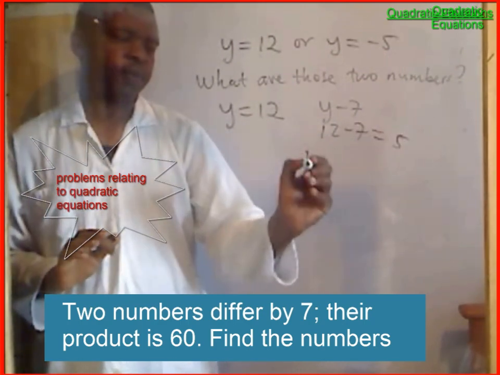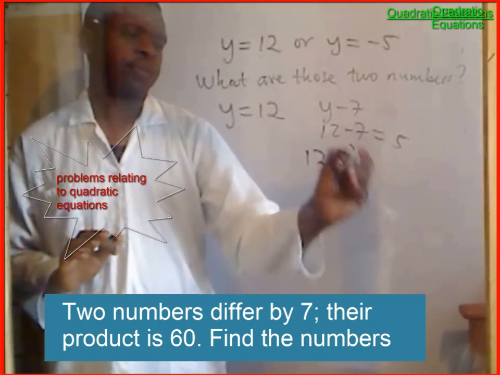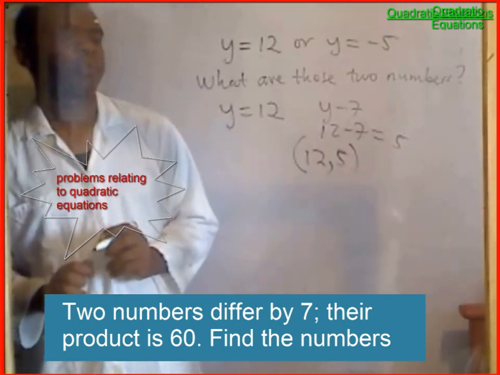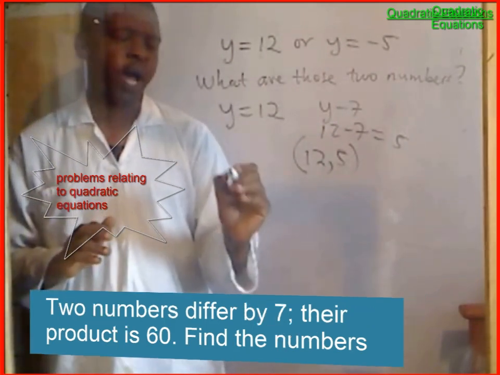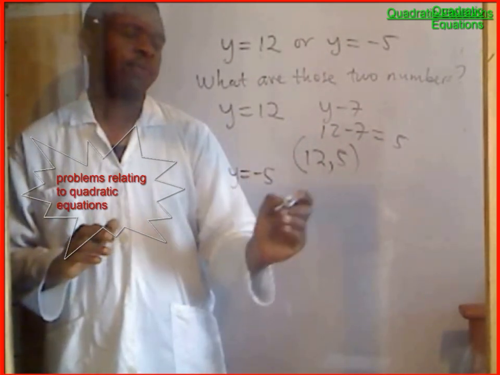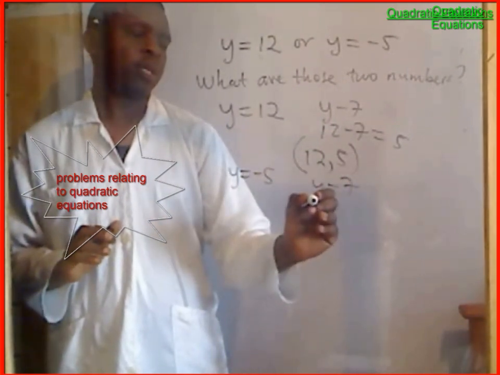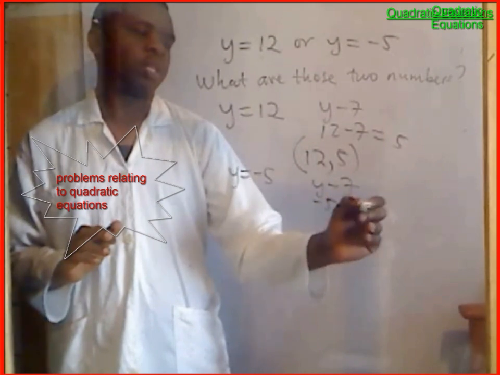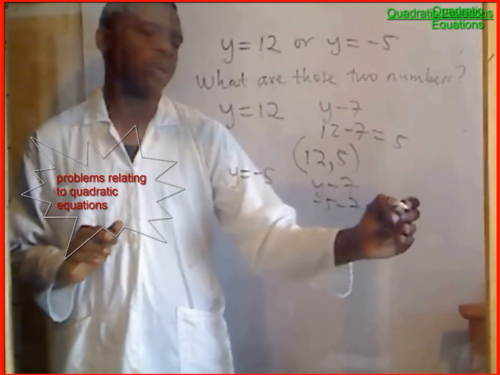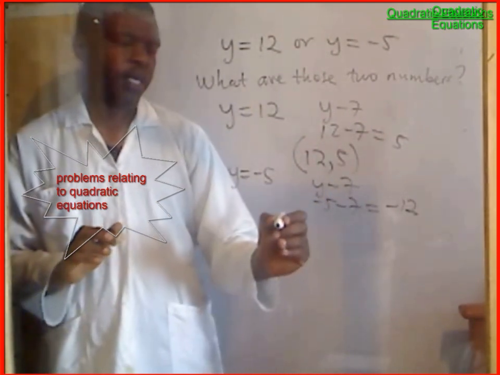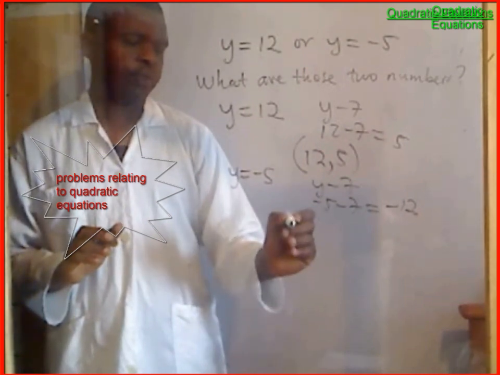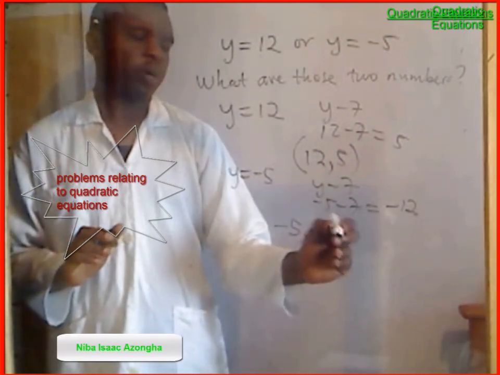So there I have 12 and 5 as one solution pair. If I consider y to be minus 5, the other number, y minus 7, will be minus 5 minus 7, which will give us minus 12. So the other pair will be minus 5 and minus 12.